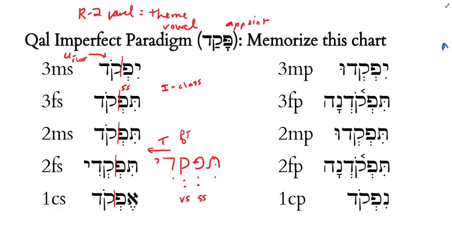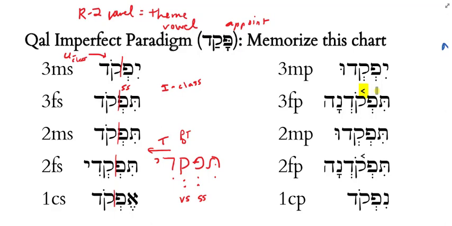Now, the 3 FP for they women will appoint is tifkodna. Notice that I have put an overt accent mark over the kof. Why is there an accent mark there? The reason the accent mark is visible is because the stress has not moved to the final syllable here, has it? So I have 3 syllables. Tif, kod, na. 3 syllables. I have 3 vowels. And the accent is not on the final one. And if the accent's not on the final one, I have to put an accent mark here.